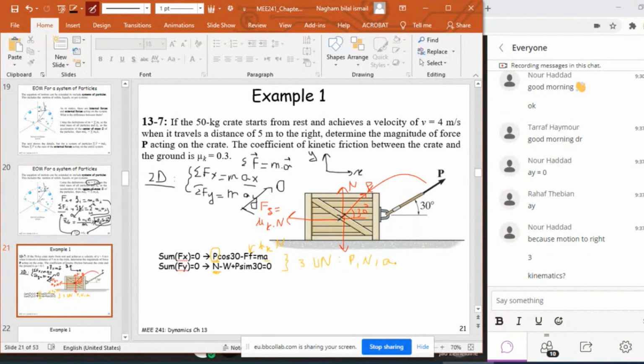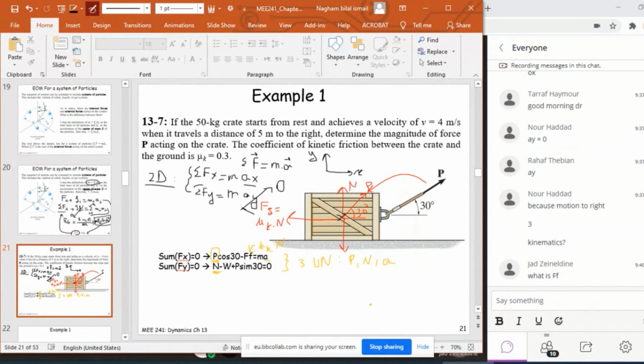From the equations of kinematics, I can find the acceleration A and plug A in these two equations so that I can find the unknowns, right? FF is the friction force. It is mu K times N.